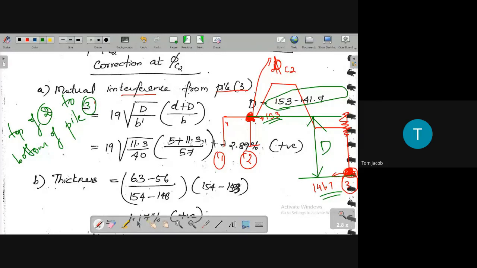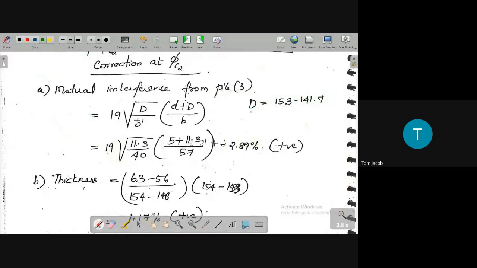Okay, so that's how you take capital D, top of file 2, that is here, to bottom of file 3, equal to 153 minus 141.7, that is equal to 11.3. Or you can write it like this, that is the considered point is at level 153, that is 5C2 is at 153 at point C2.